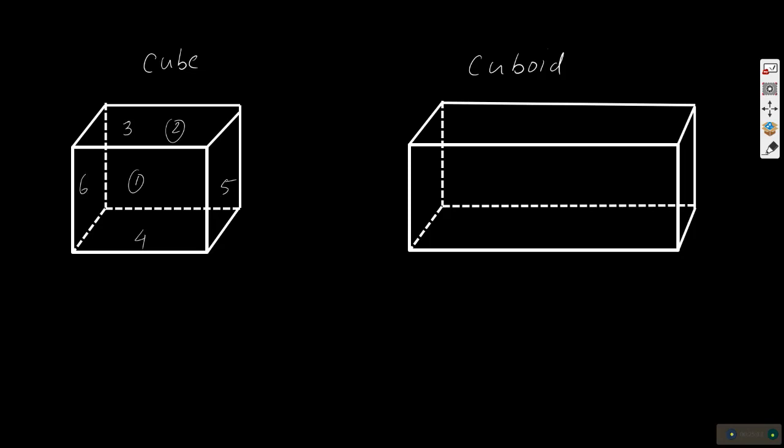It depends upon how you look at it. You have 6 faces in both cases. And a cuboid is a three-dimensional figure developed out of a rectangle.